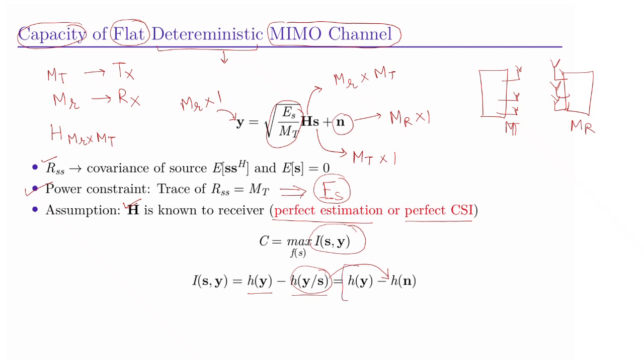So now we have this particular expression. We have h of n and h of y. h of n is not in our hands. We cannot maximize h of n or work on it. But on h of y, we can work and we can maximize it. But first we need to compute what h of y is.